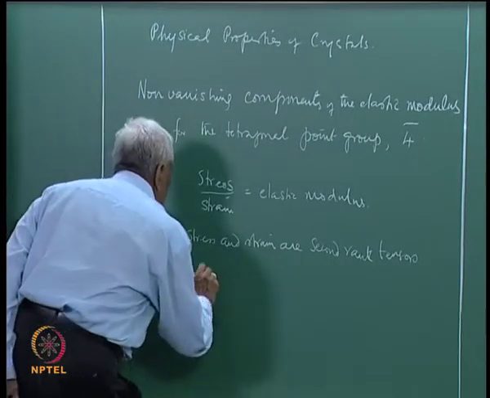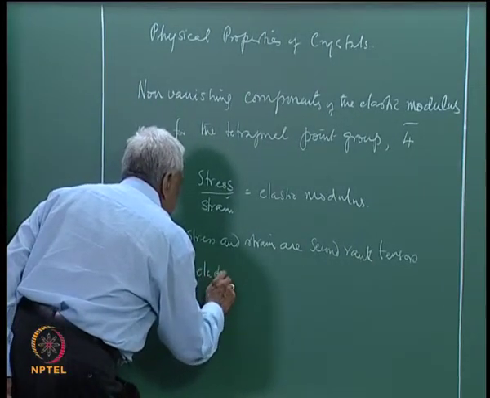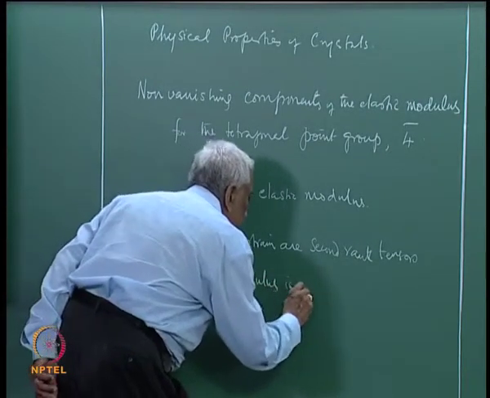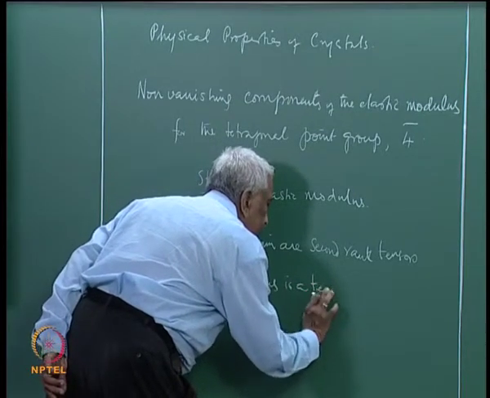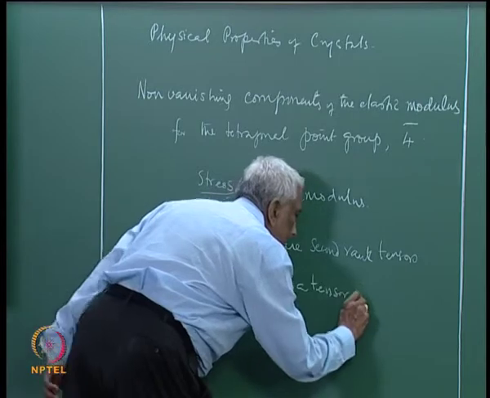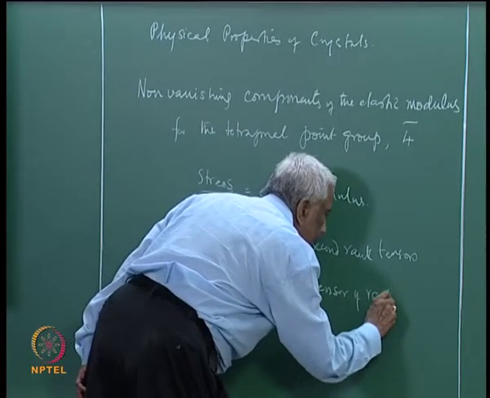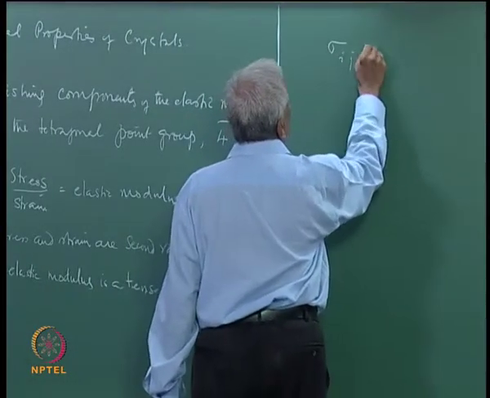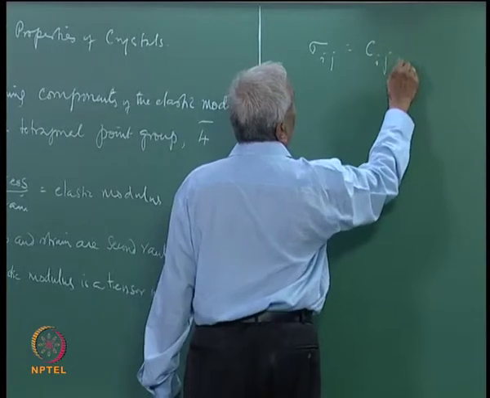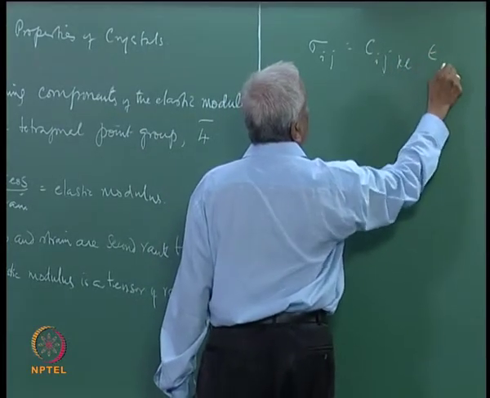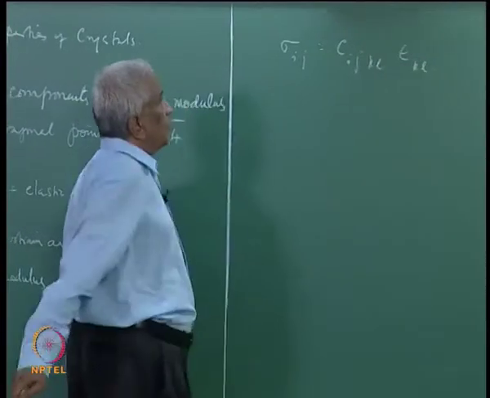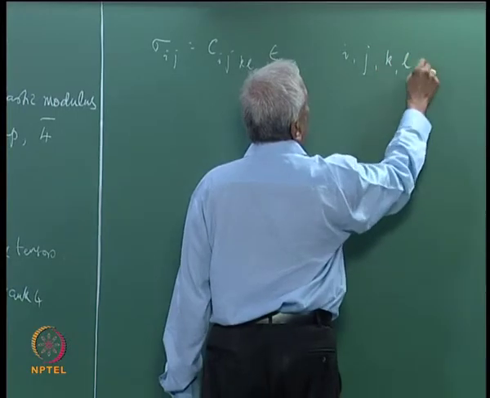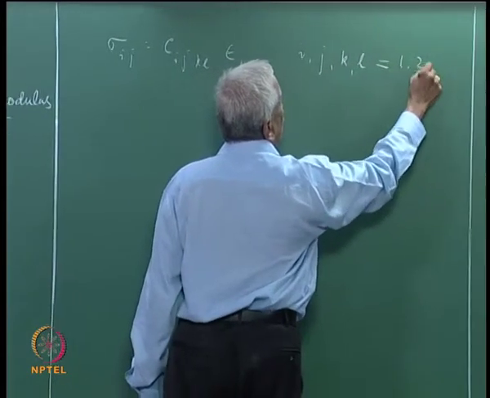So, the elastic modulus which relates them is a tensor of fourth rank. And the defining equation is something like this, where i, j, k, l run over 1, 2 and 3.